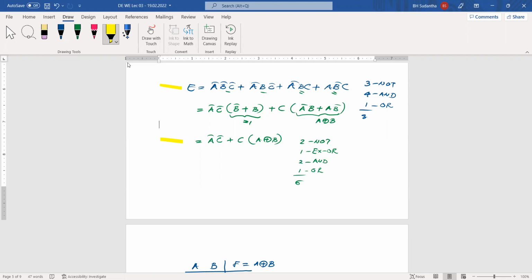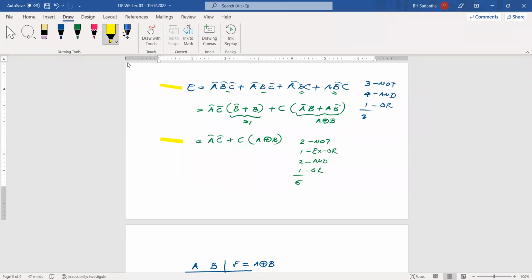Function-wise, this one also should give the same result. But after rearranging, what have we received? This equation can be implemented using a smaller number of gates.